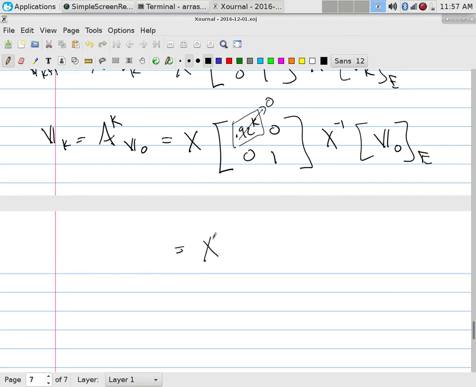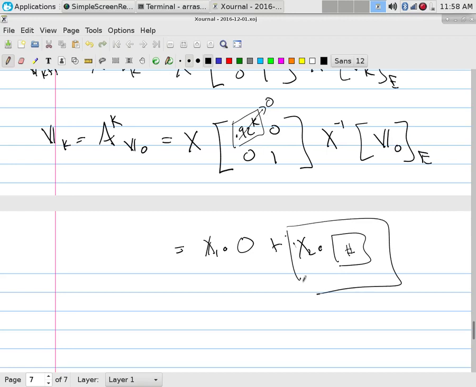It's x's first times the first, right? The first number here, which would be what? 0. Plus x2 times whatever coordinate this one spits out, which is going to be a number of some sort.